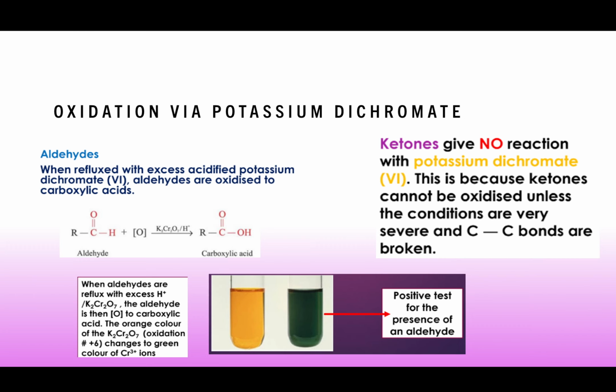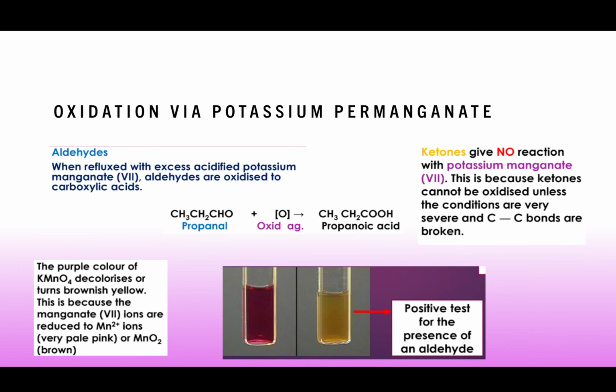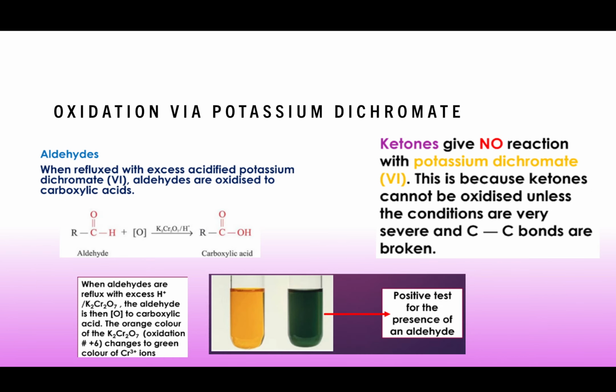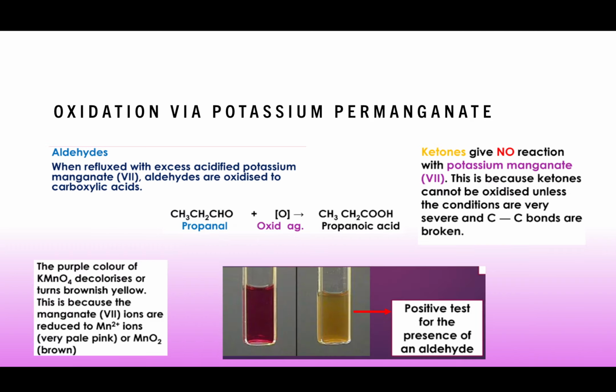And that's because of the change in oxidation states of the chromium, from chromium 6 plus to chromium 3 plus ions. So 6 plus is orange, 3 plus is green. We looked at that before as well. So it's the same process as oxidation with potassium permanganate, just different color changes. And we use permanganate and dichromate because they are really common oxidizing agents.